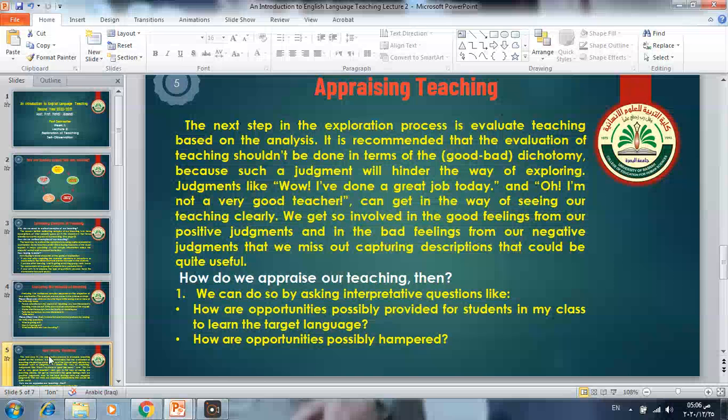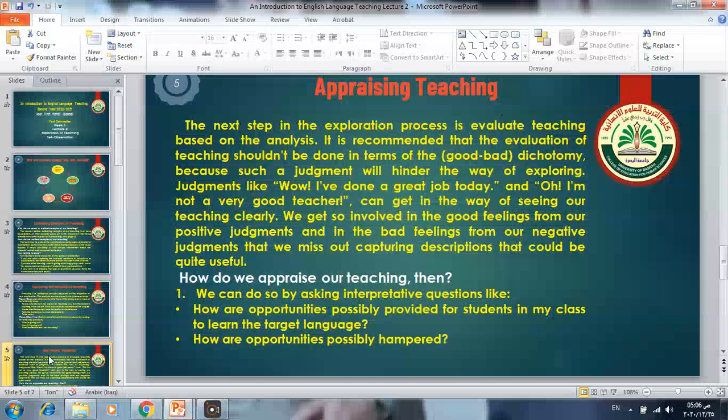We get so involved in the good feelings from our positive judgments and in the bad feelings from our negative judgments that we miss capturing descriptions that could be quite useful.